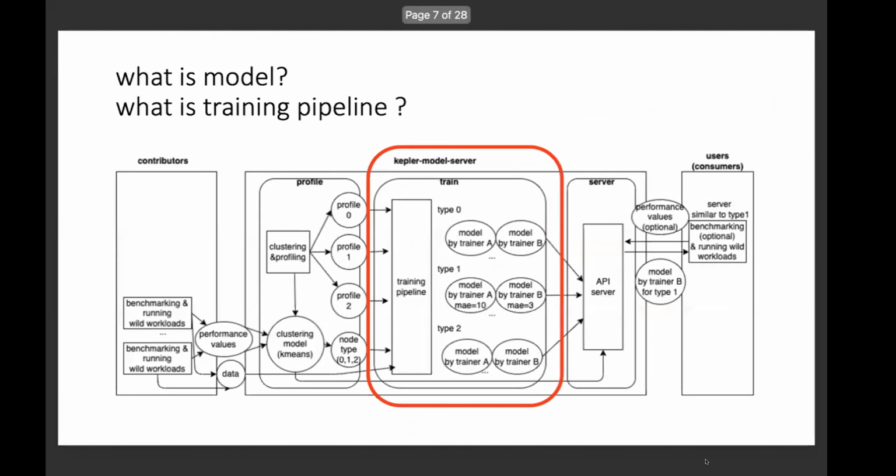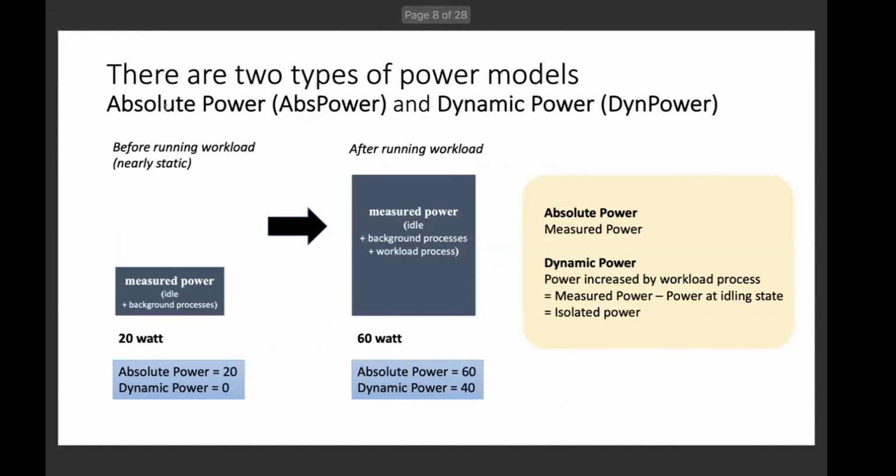Okay. Basically that is the first step, and the second step is on the training: what is the model, what is the training pipeline, how do we train the model? Basically, there are two types of power model that we are going to create.